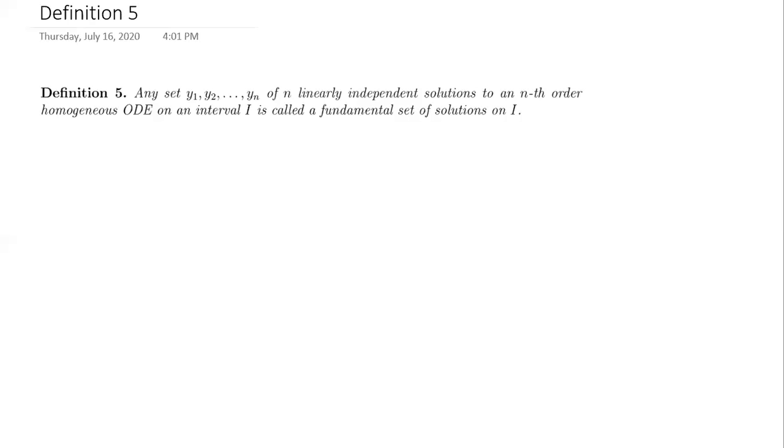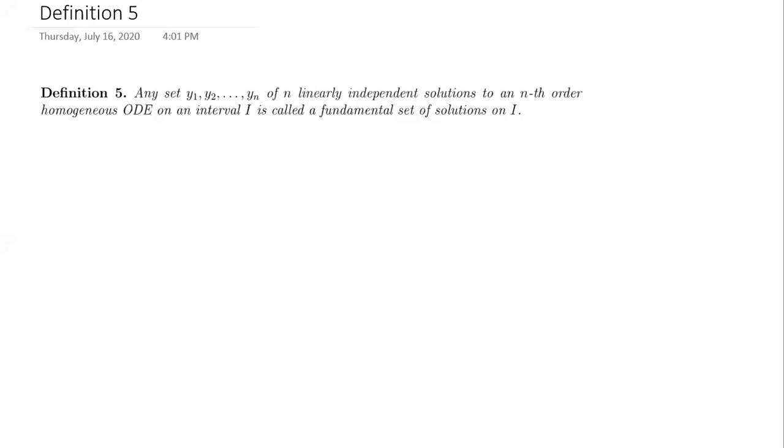Okay? So definition 5. Any set of y1, y2, up to yn, so we have n solutions. Any set of n solutions that are linearly independent and that are solutions to an nth order homogeneous ODE on some interval I, and remember when I say homogeneous, that implies linear, is called a fundamental set of solutions on that interval. Right?